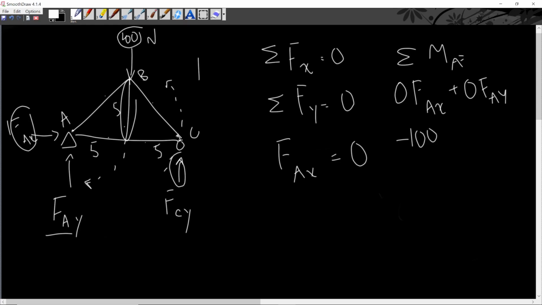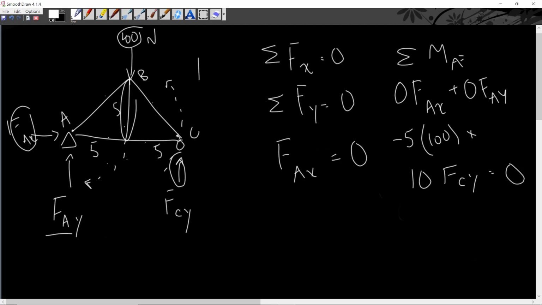distance, which is 5. If we're keeping this the same, we have distance times force, so we'll have negative 5 times 100. And then lastly, plus, because we're still moving up, 5 plus 5, 10 times FCY.